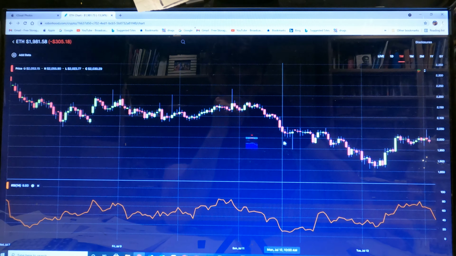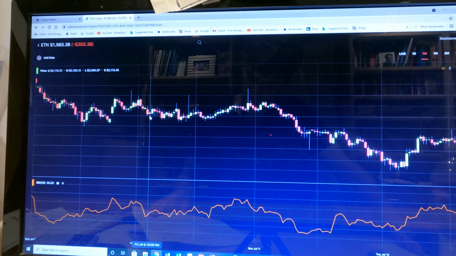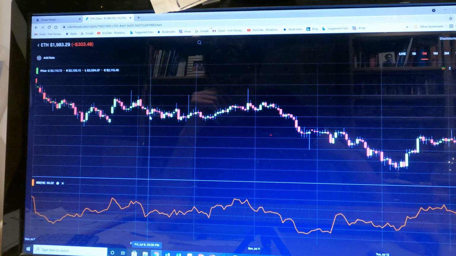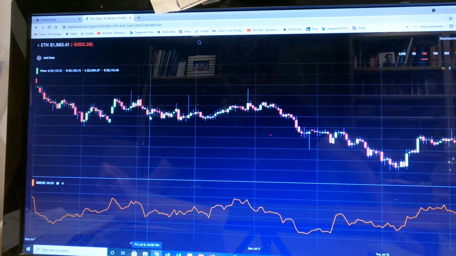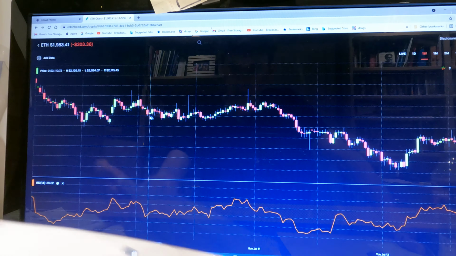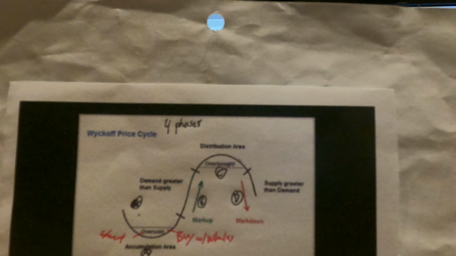But man, I had some notes on the candlesticks. But whatever. Anyways, this is an important graph to look at right here. Now this is a graph that says Wyckoff's price cycle. There are 4 phases, and this is not exactly Wyckoff's, but just in general.